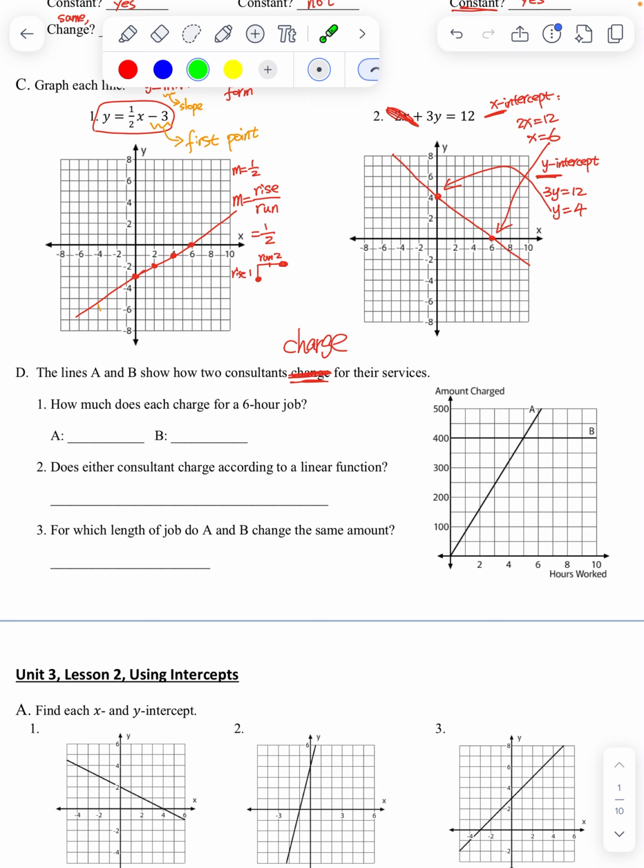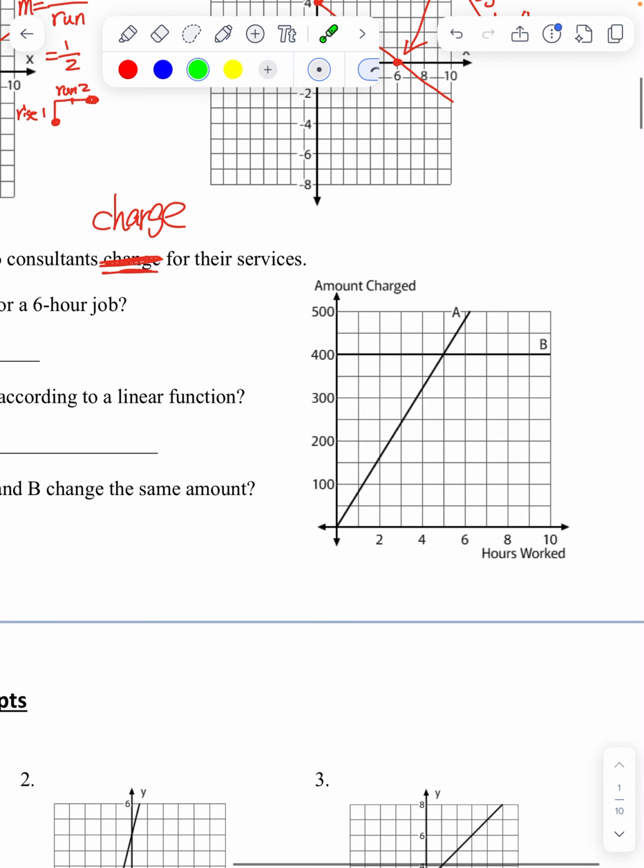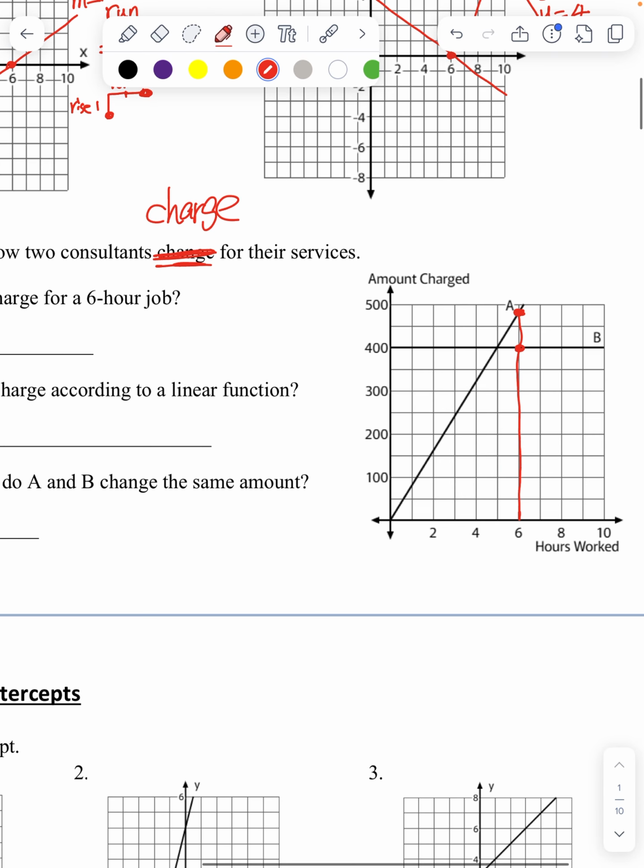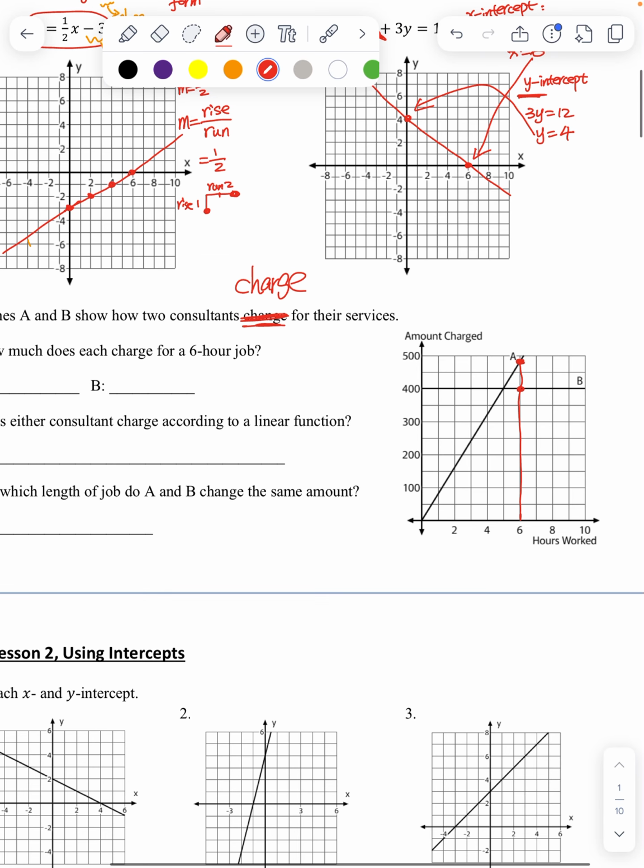Okay, how much does each charge for a 6-hour job? Okay, 6 hour. Where's the 6 hour? Okay, 6 hour is right here. Let's go. Oh, this point is B charge you. And this point is how much A charge you. Okay, B is always 400. Look at this point.